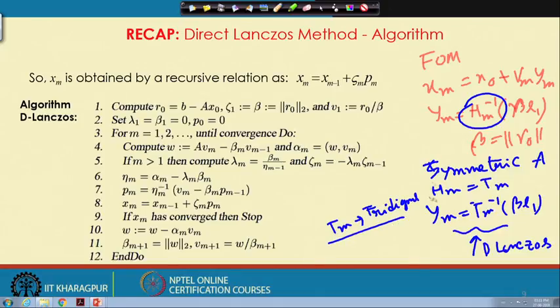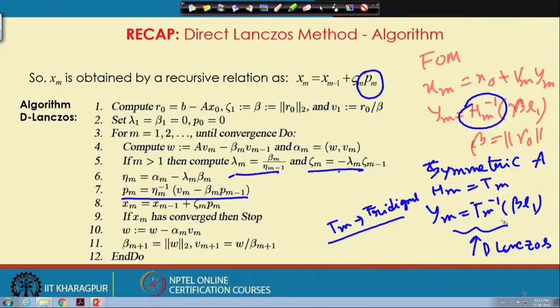So, inverting this Tm needs recursive relationships and recursive steps, like find Xim, find lambda m, find Pm. All these recursions are related to inverting Tm efficiently. Now, this particular Pm we have introduced while looking into the inversion of Tm.